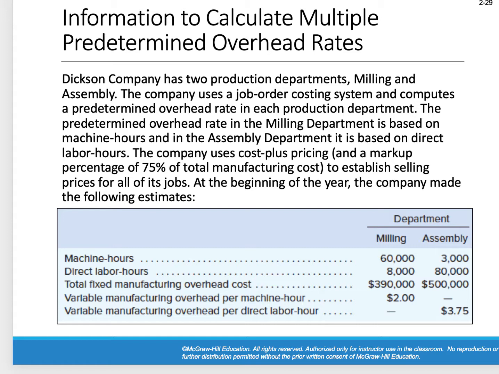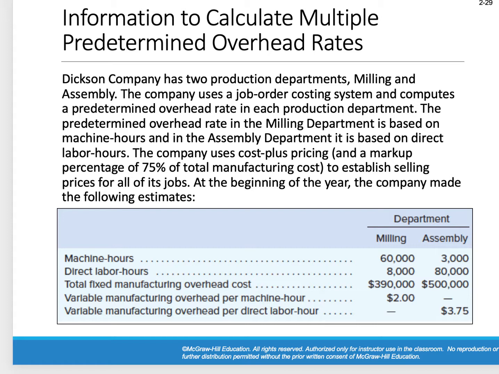Notice what we have here: the milling department and the assembly department, and all the data that is specific to each department. Look at milling. Milling uses 60,000 machine hours as opposed to assembly's 3,000. So since there's more use of the machines in the milling department, all the indirect manufacturing overhead costs are probably related to those machines.